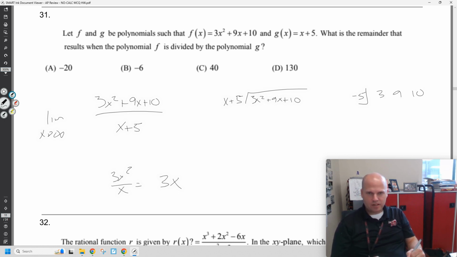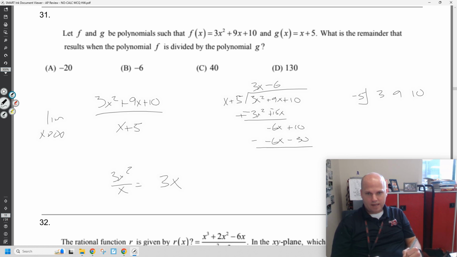It's just like dividing numbers into numbers. What's the thing that could get rid of this one? It's like 3x would get rid of this. We multiply them together. We get 3x squared plus 15x. We then subtract. When we subtract, we get that. We bring down the next number. We then have that times that, which will give us this.